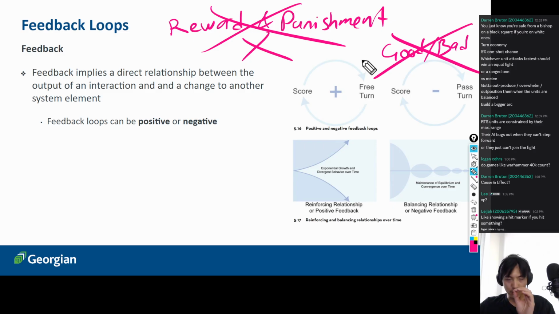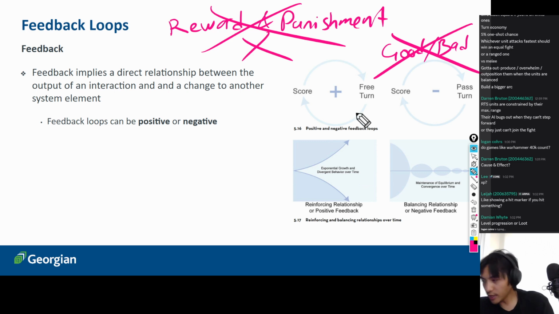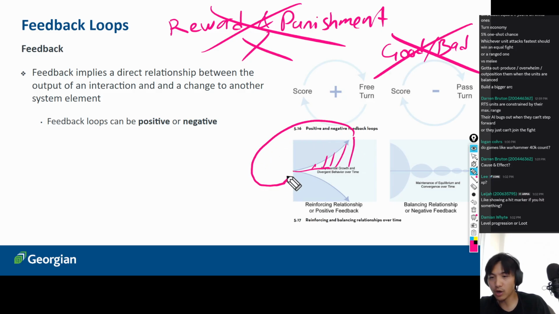When I say, in the context of a game system, a positive feedback loop, it is a situation where you have an effect that is growing over time because it is directly related to its own cause.